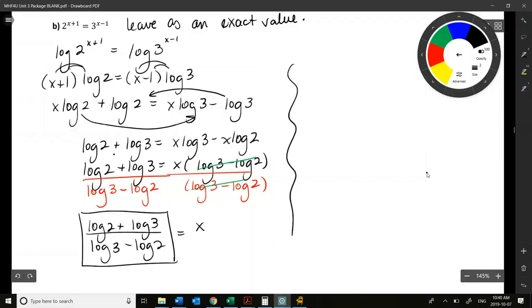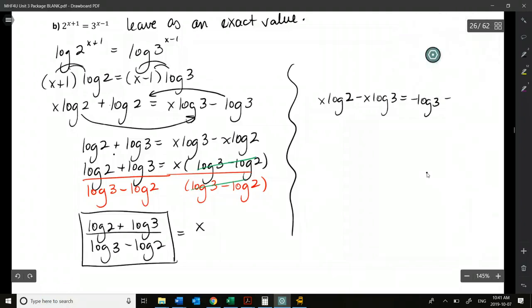What you may have gotten if you moved all the logarithms with the x's to the left side and all the logarithms without the x's to the right side is x log 2 minus x log 3, and then negative log 3 minus log 2. And then once you common factored and divided out, you would have ended up with this.